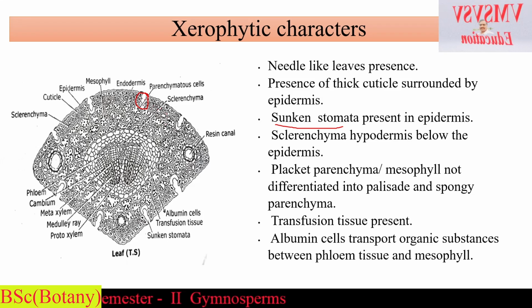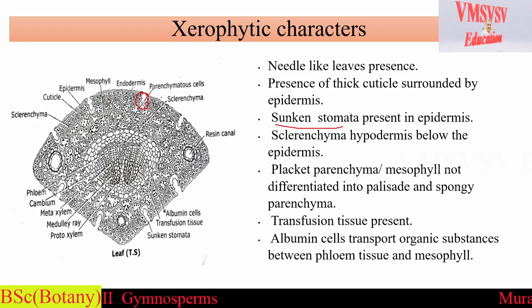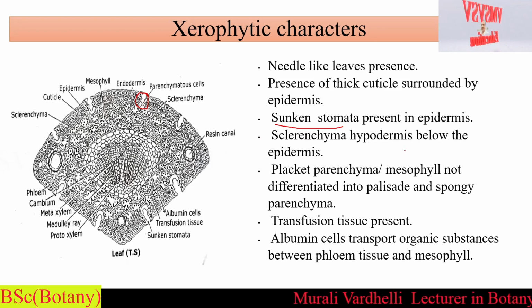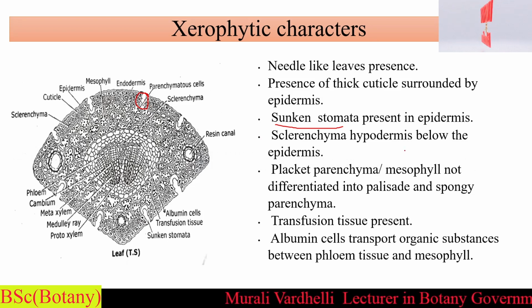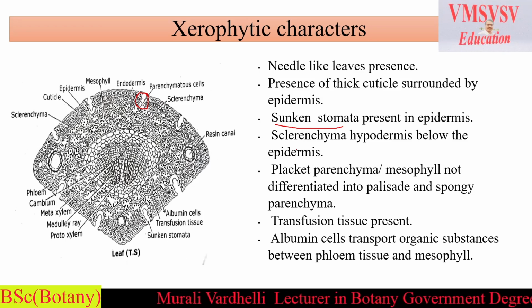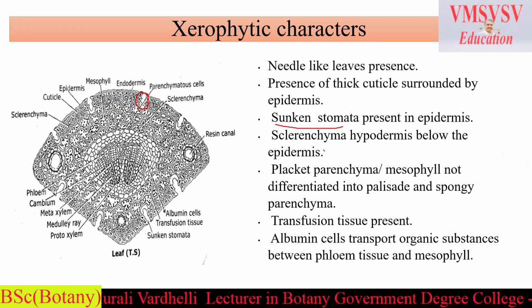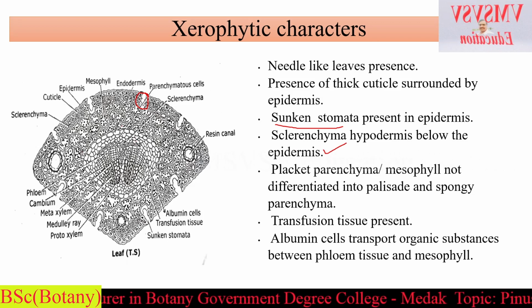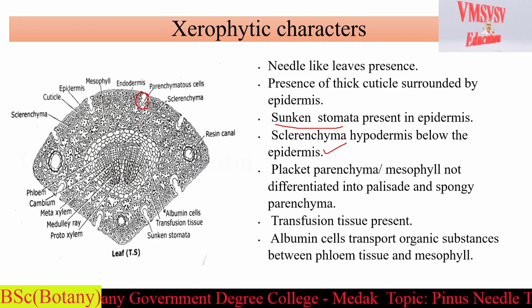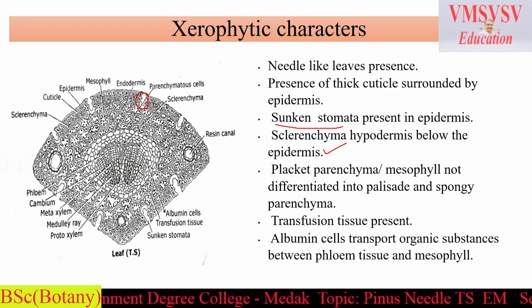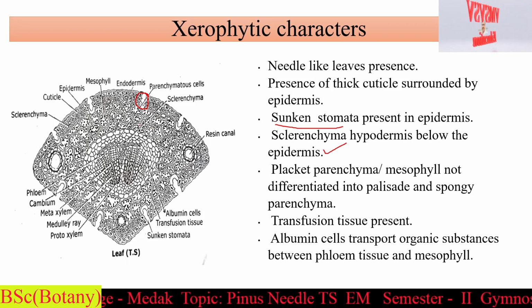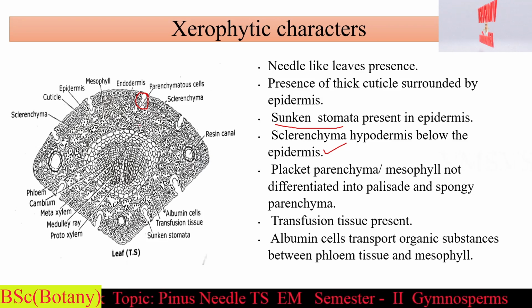Another one is the hypodermis. Actually, the hypodermis is made up of sclerenchymatous tissue. This type of tissue is present in the Pinus needle. It is also one of the xerophytic characters. Next, another one is the mesophyll. In isobilateral leaves of mesophytes, it shows two types of mesophyll, that is palisade and spongy.